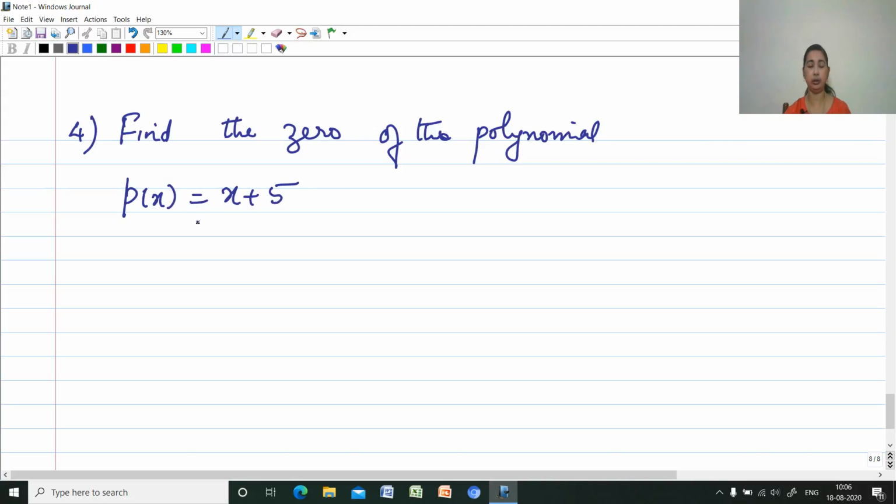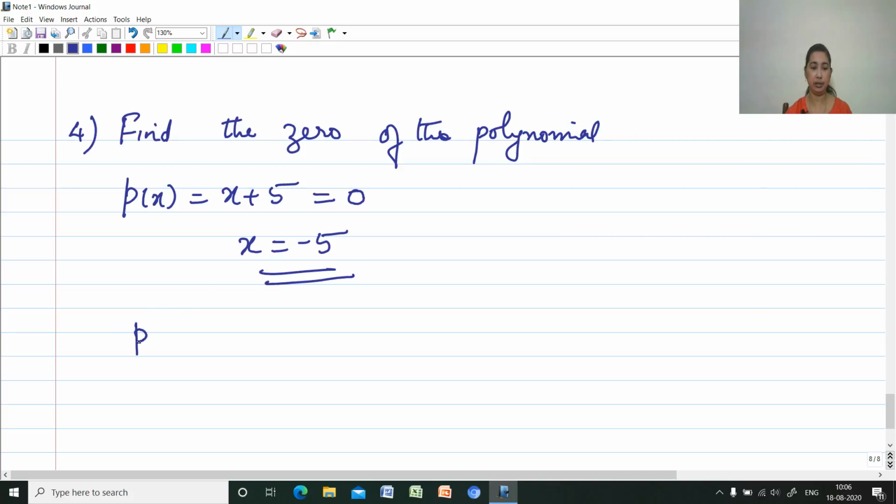We have to find out what is the zero of this polynomial, or what is the root of this polynomial. So for that we have to equate the polynomial x plus 5 to 0. So x plus 5 equal to 0 means x is equal to minus 5.